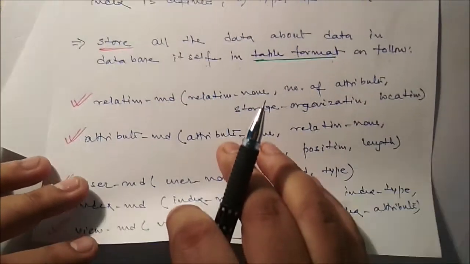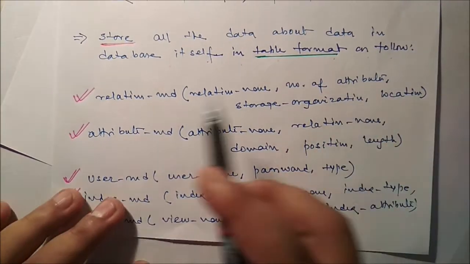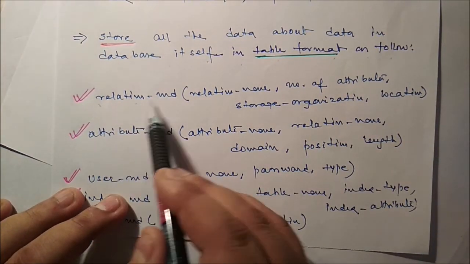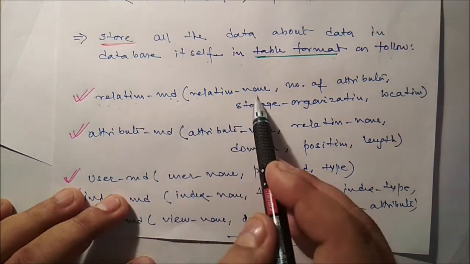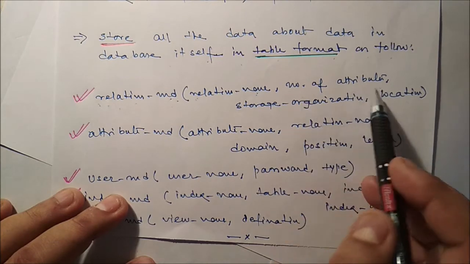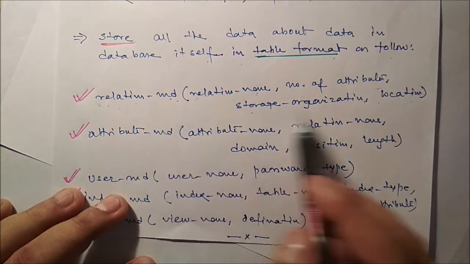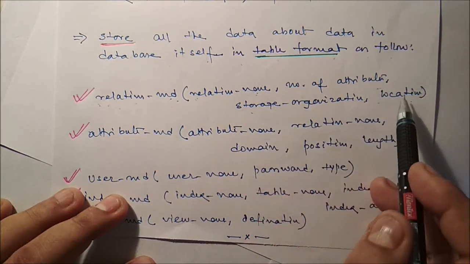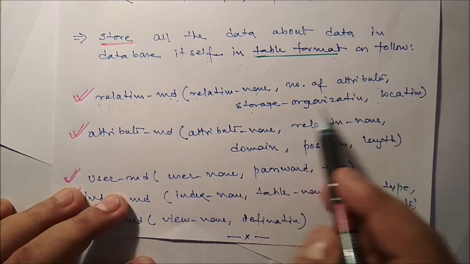For example, relation metadata has the relation name, number of attributes, and storage organization or location, whether sequential, hash, or heap.